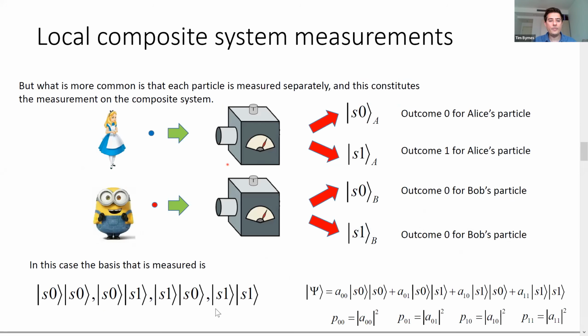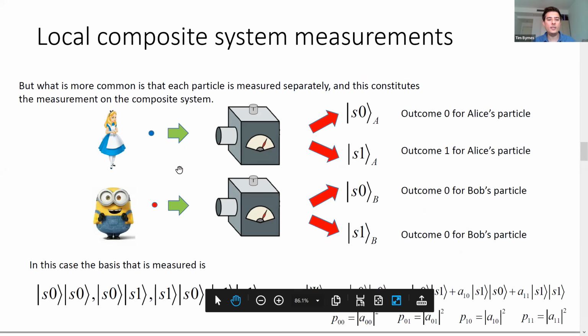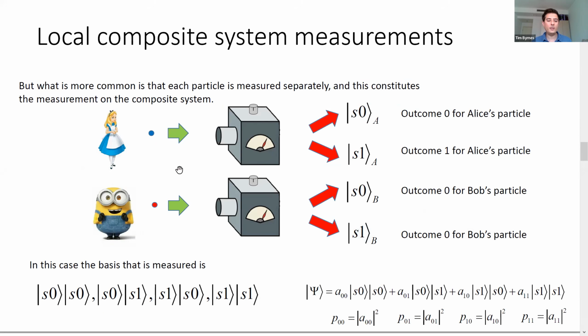A more common situation, just because of practical considerations, is this: if you're an experimentalist measuring 2 particles, the most natural measurement you'd end up doing is, well, I've got 1 particle here, so I measure that particle, and I've got another particle here, I'm going to measure that other one, right? Then you do separate measurements for each particle.